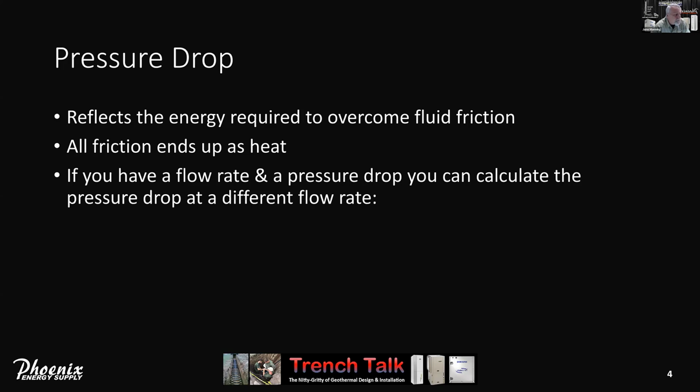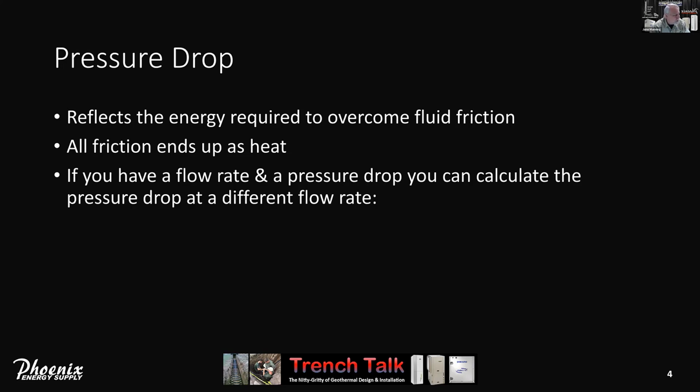If you have a flow rate and a pressure drop of any element in the system, be it the heat pump, a valve, a section of pipe, if you can identify a flow rate and corresponding pressure drop, from there, you can calculate a pressure drop at any flow rate.